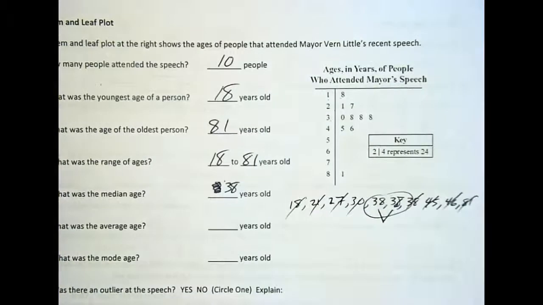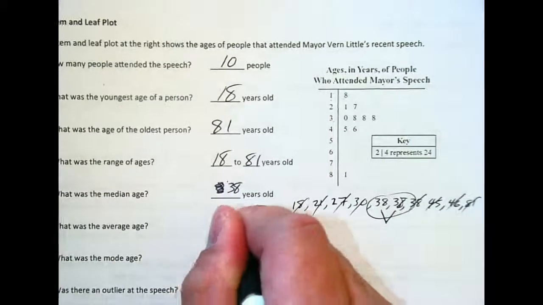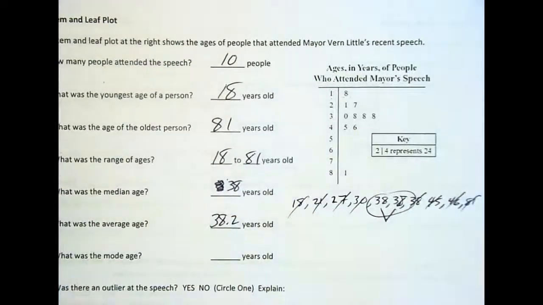What's the average age? Person 12. 38.2. Well done, Haley. We add them all up. What was the sum? Person 19. Person 17, Anya. Kylie, what is it?